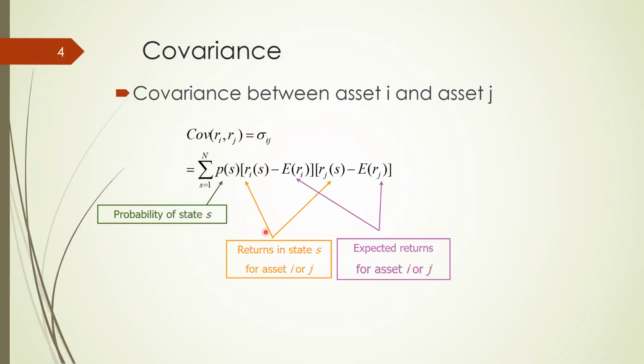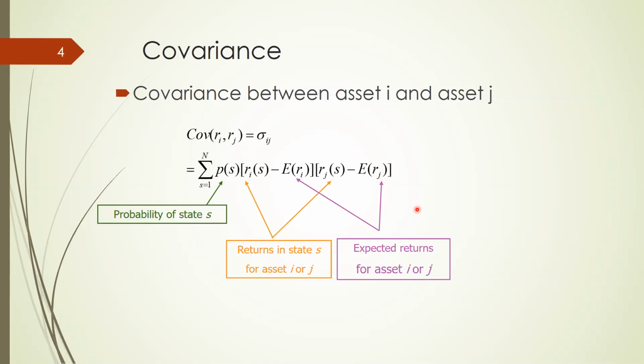Let's first define covariance. Covariance measures the co-movement of returns between two assets, say I and J. So covariance is denoted as sigma ij. It is defined as the probability weighted product of the return deviation of each asset relative to its mean returns.